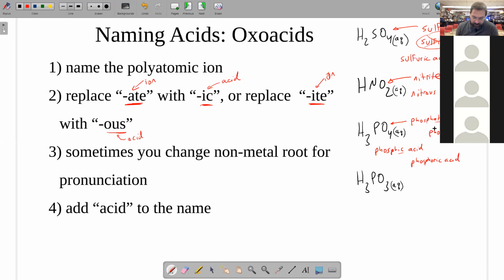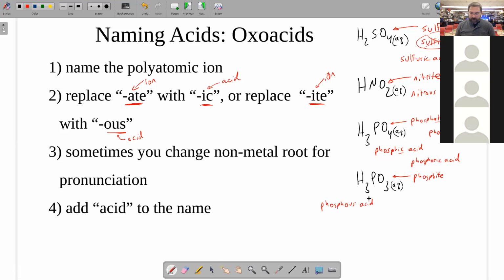How that's a little different than the other one is that H3PO3, that's the phosphite anion. So when you look at the ion chart, you'll find H3PO3, that ends with phosphite, and ite changes to ous. So this one's even more awkward, because if you were to call it phosphorus acid, it doesn't sound right to the ear.